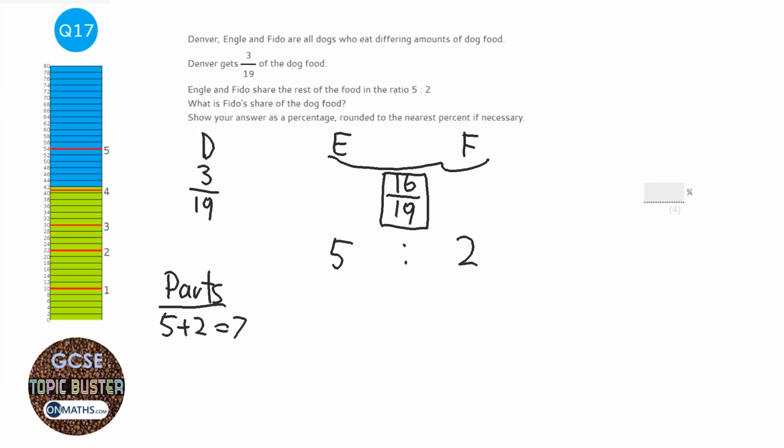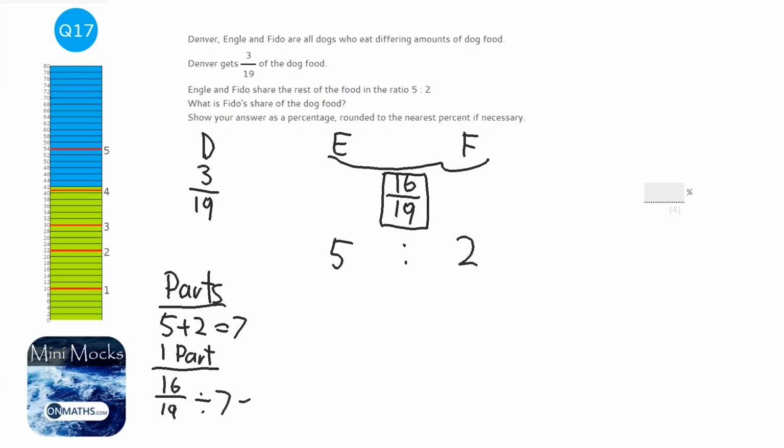So there's 7 parts altogether. Okay, and each part is going to be worth, as a fraction, 16/19 divided by 7. So 16/19 on the calculator divided by 7 gives us 16/133. So that's the fraction of each part.